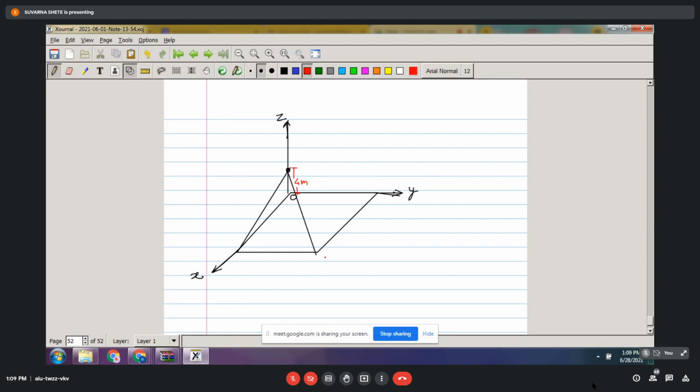This length is also 4 meters and this is 2 meters. Write down the values correctly. This point is known as B, this is C and this is point A.